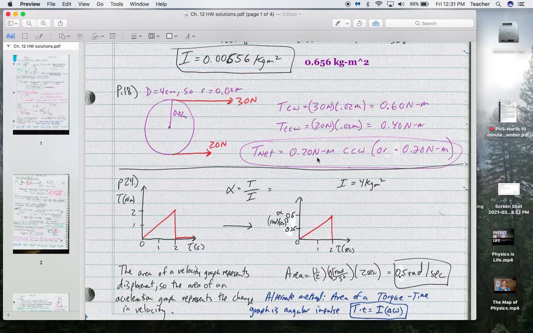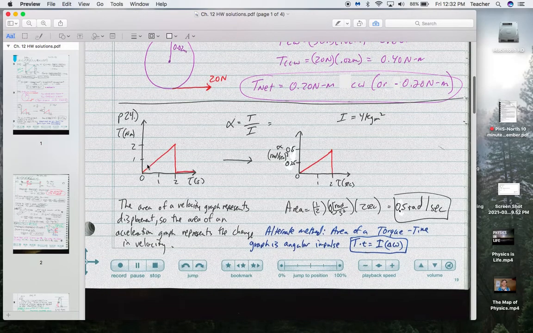Clockwise. Thank God nobody knows that I screw up like that. I don't know why I thought that was different, but clockwise torque would be negative.